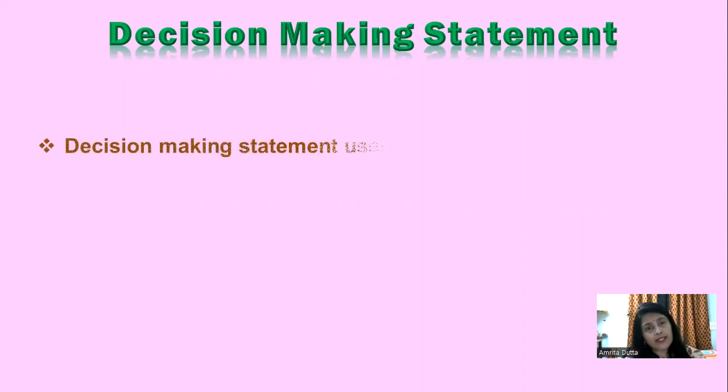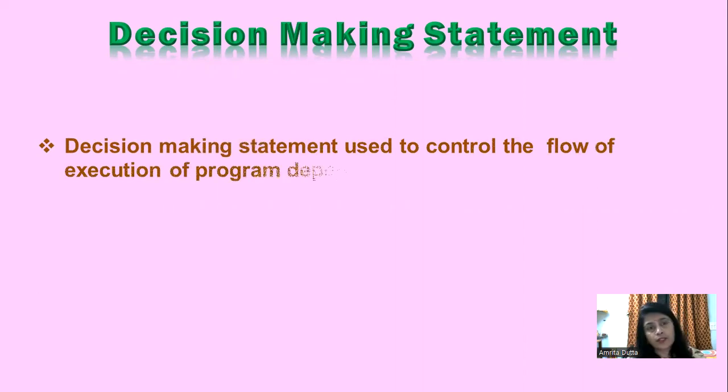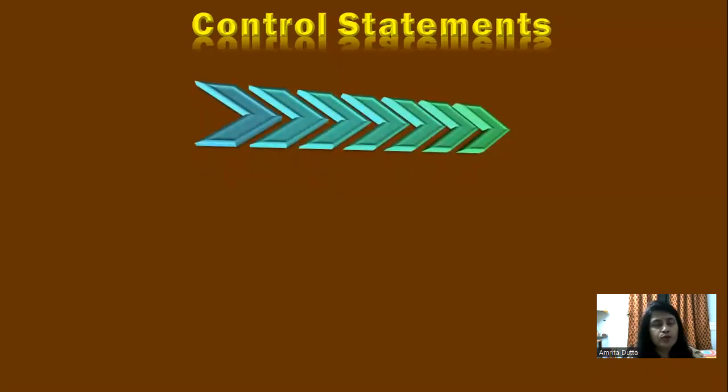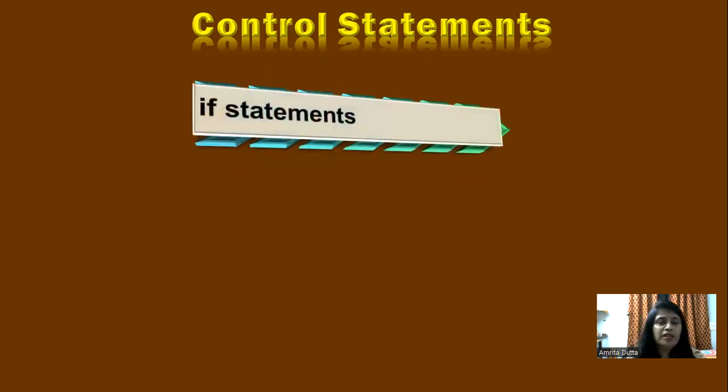Now, let us see what we mean by decision-making statements. Decision-making statements are used to control the flow of execution of a program depending upon the condition. What do we mean by that? These decision-making statements are also known as control statements, which can be implemented in three ways.